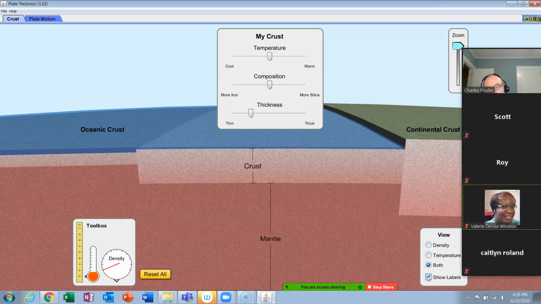Now my computer is slowed down really greatly. All right, now what we see over here, here's the oceanic crust. Okay, it's thinner but denser than the continental crust. Continental crust is thicker, and as you'll see later, not as dense, not as dark.